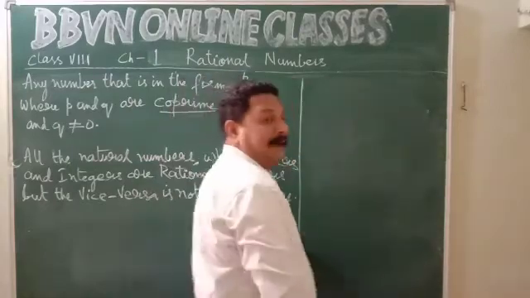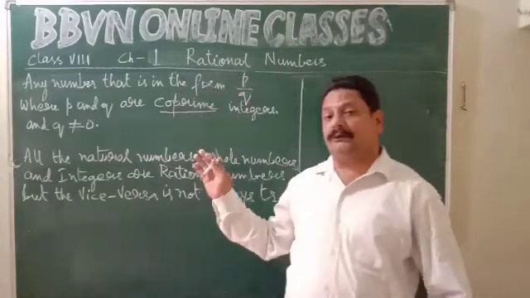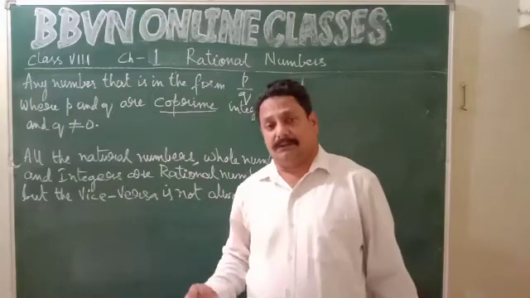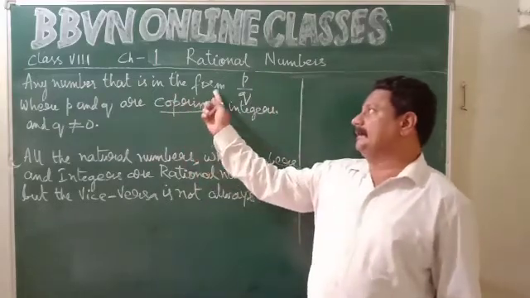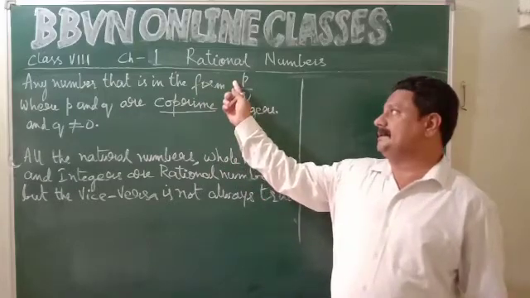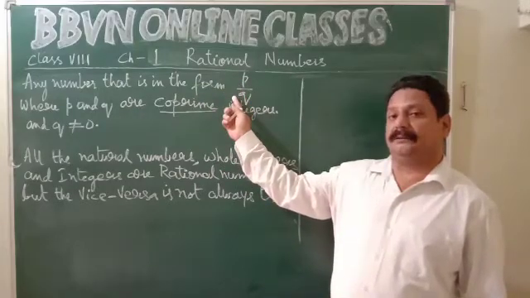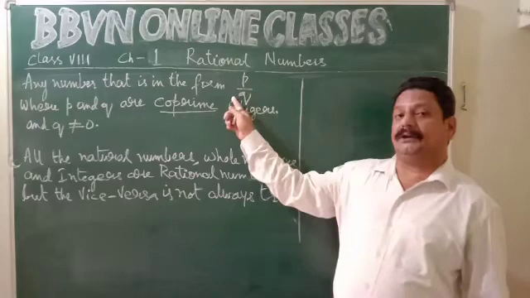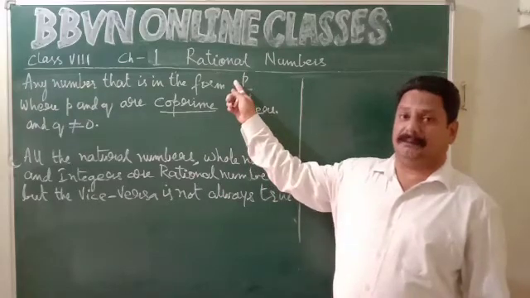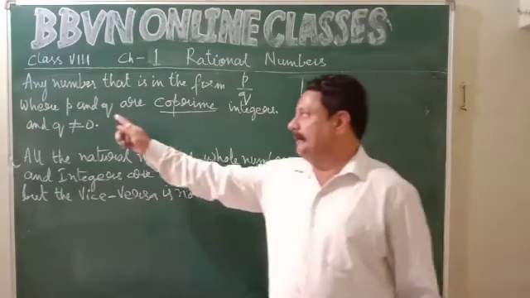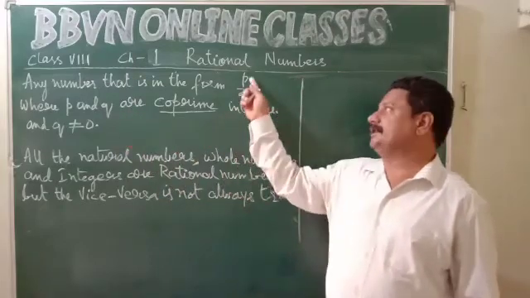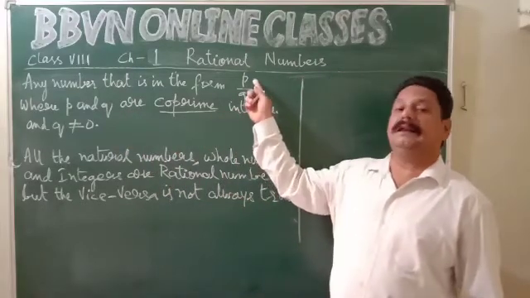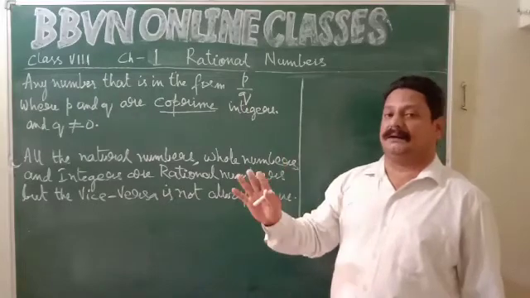Once again, coming back to the definition, see children, this is one of the most important chapters. Any number that is in the form P upon Q, where P is the numerator and Q is the denominator. P can be greater than Q or Q can be greater than P. Okay? When P and Q are co-prime integers, they should not have any common factor.